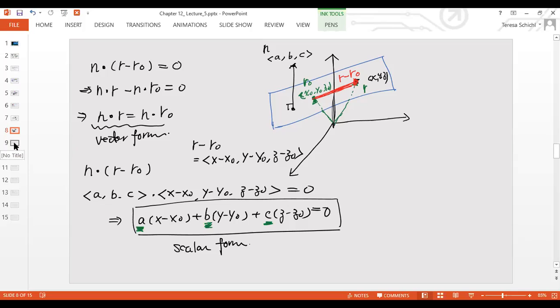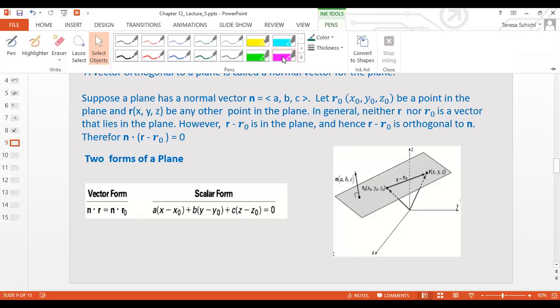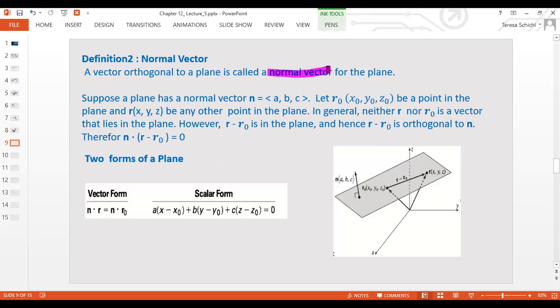Now let's take a look. We talked about what the normal vector is: it's the vector perpendicular to this plane. Just like we explained, you can have a vector form and a scalar form.